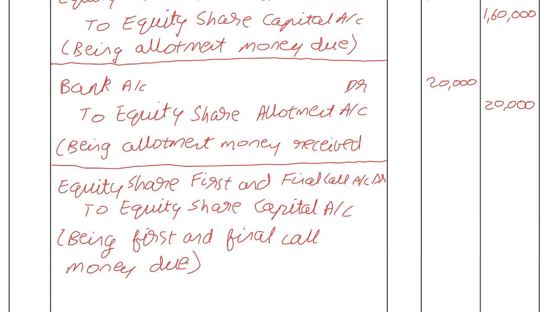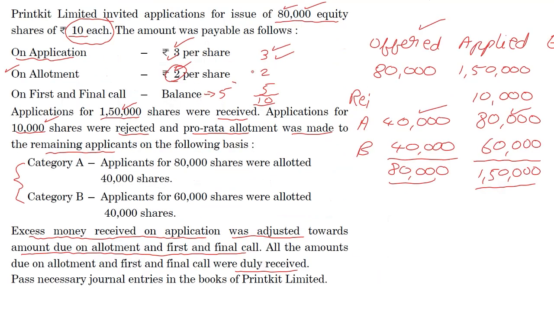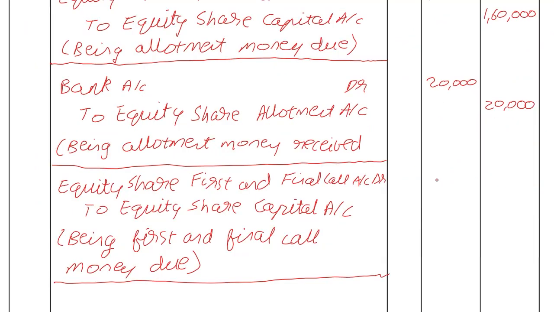Then the amount is straightforward. 5 rupees into 80,000, which is 4 lakhs. Immediately 4 lakhs here and 4 lakhs over here.